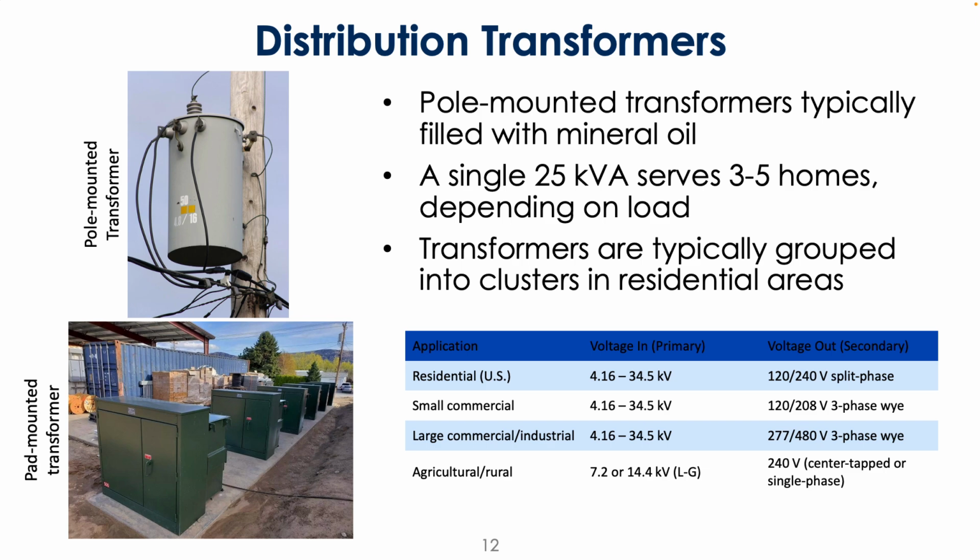Yeah, a single 25 kVA transformer might serve something on the order of 3 to 5 homes, depending on the load in those homes. And you can imagine that as we transition to more electrification, right? That could be heat pumps, electric vehicles, electric stoves.